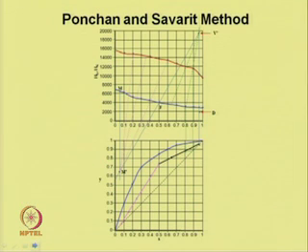The discussion we have done in case of the rectifying section, if we extend the similar discussion over here, we could see we have the points over here, which is M dash.